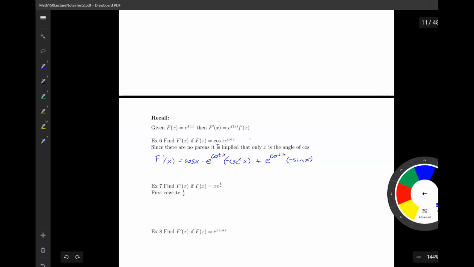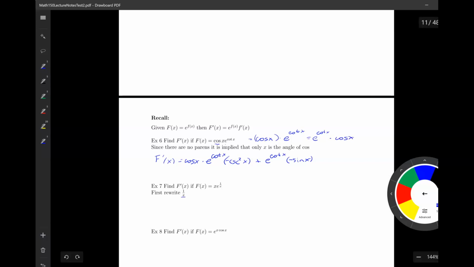So I'm making sure that you know that if you see this written here, it really does mean just cosine of x and then times this, right? Or it could be rewritten. So there will be parentheses around the angle if it means to include all of it.